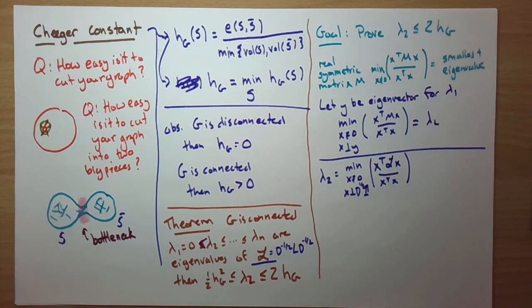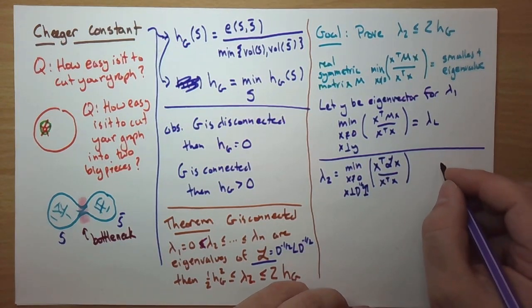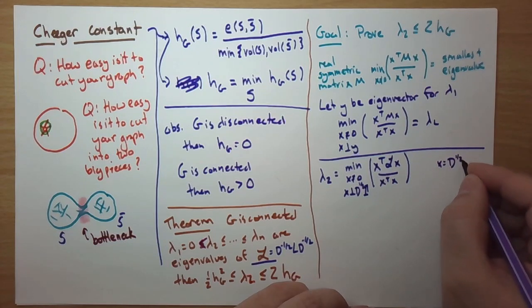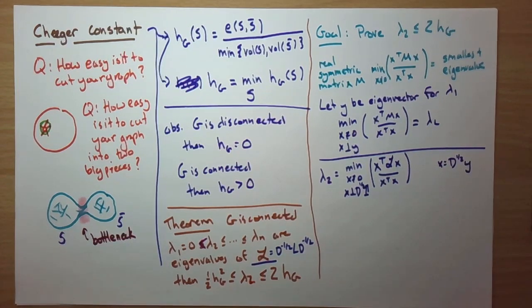All right, great. Let's rewrite this. Okay, so what are we going to do? We're going to change x. What we'll do here is set x equal to d to the 1/2 y.